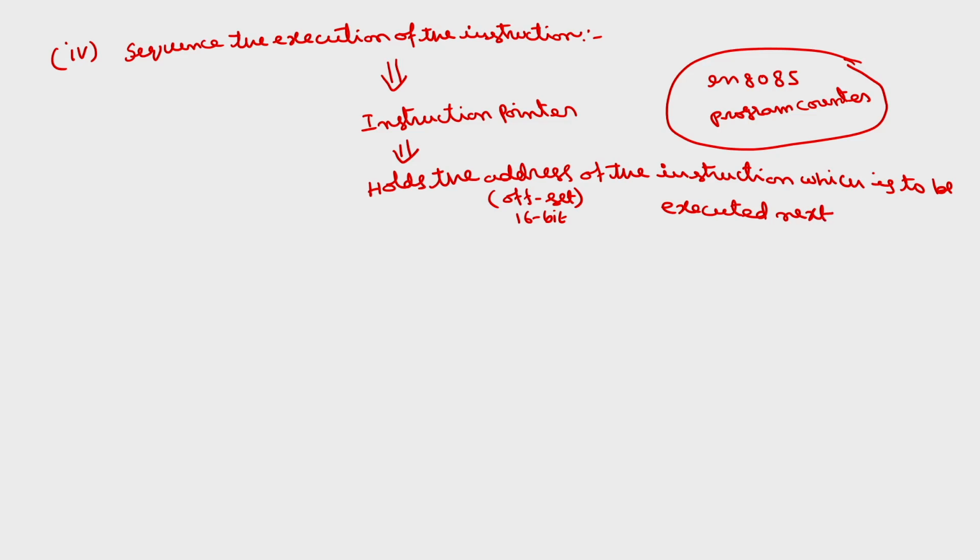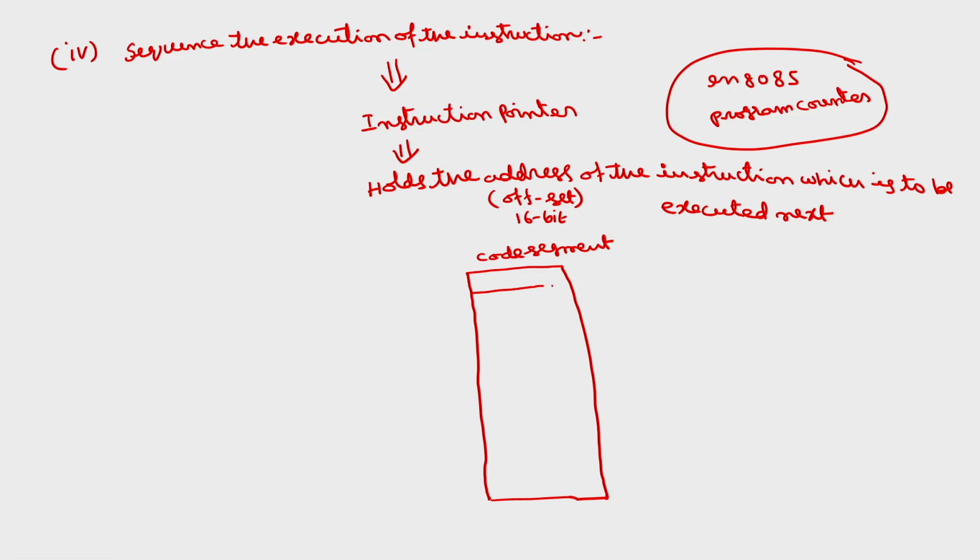For example, if we take the code segment, as we know that code segment will be used for storing the programs. This is the code segment. So, the starting of the code segment is say some 6000h.